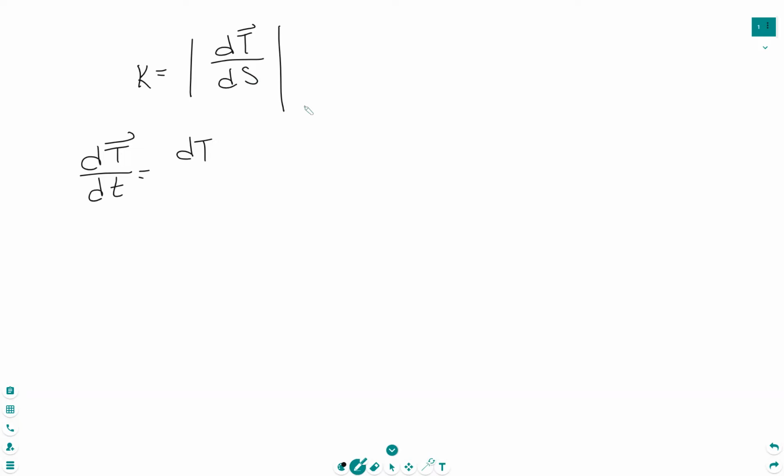So this curvature is an inherent way to measure how curvy the curve is. No matter what parameterization we use to define our curve, this will always be the same exact value at that point because we're using inherent properties of the curve itself. It's a unit tangent at that time and its arc length.